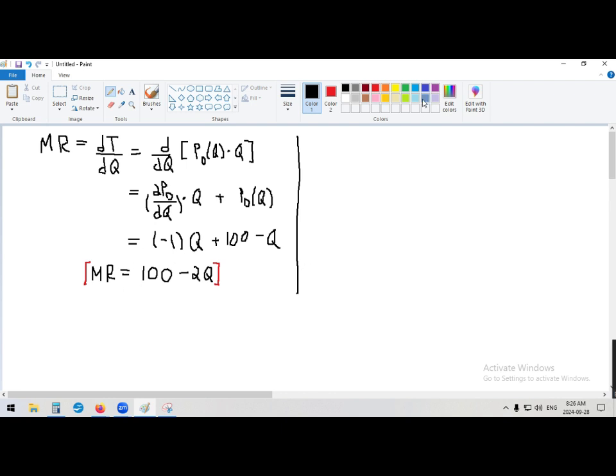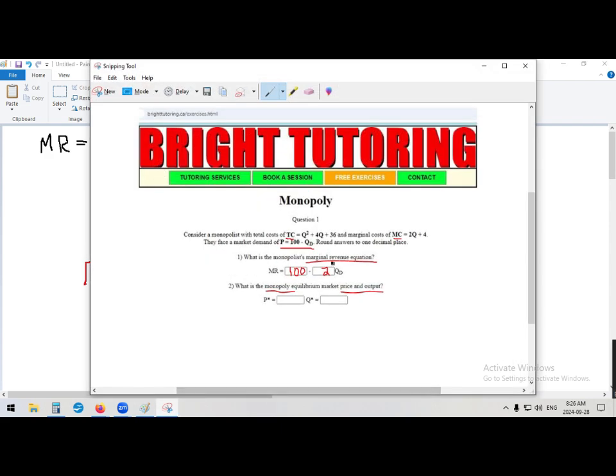Then we can figure out their optimal quantity by doing profit maximization, which is marginal revenue equals marginal cost. So marginal revenue was 100 minus 2Q, and the marginal cost curve was 2Q plus 4.